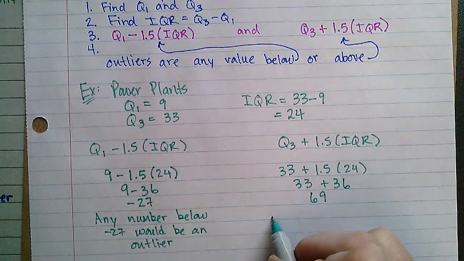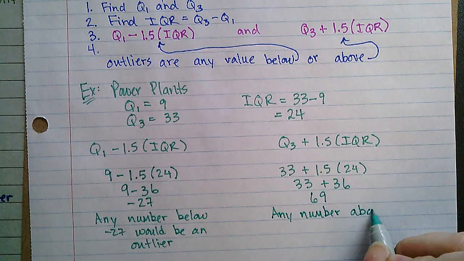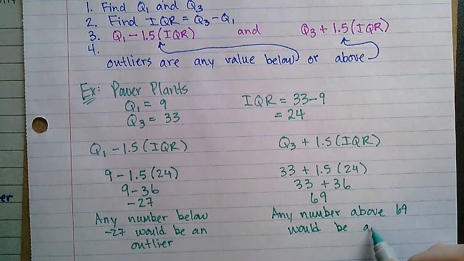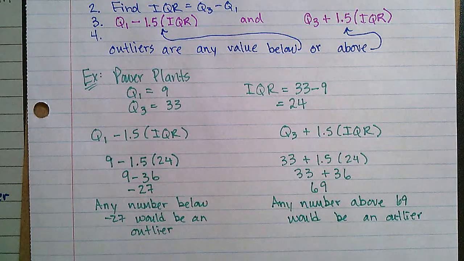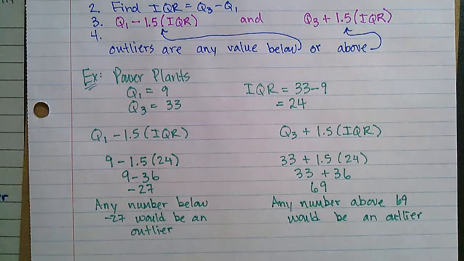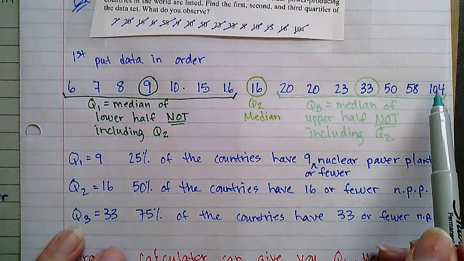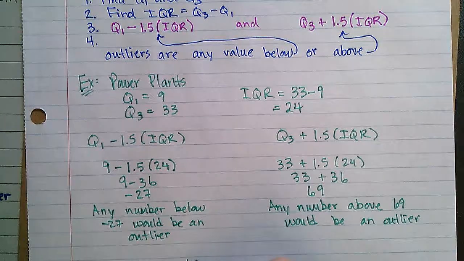And that means that any number above 69 would be an outlier. So if we look back at our data set where it was all put in order, we only have one number that's above 69. So we could then identify 104 as an outlier.